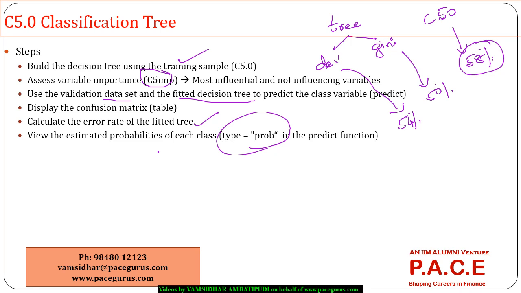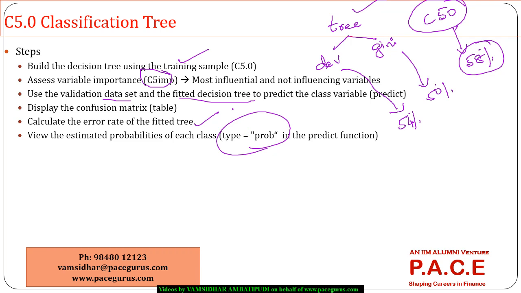Now here, just that the C50 algorithm has given me an accuracy of 58% does not necessarily mean that C50 is always better than the tree algorithm. In this case, for this kind of data set, we are able to get a better result with the C50 algorithm, but it may not be the case for some other data set for some other objective, right?